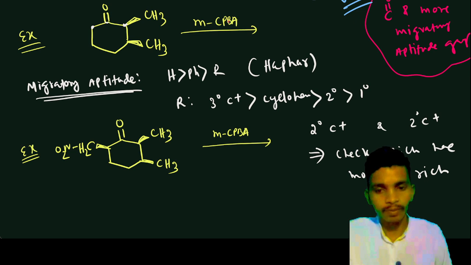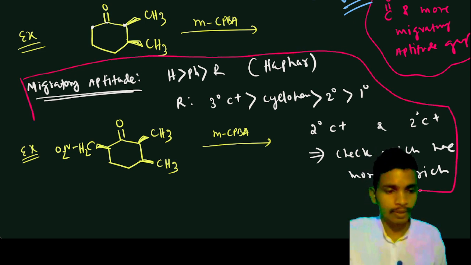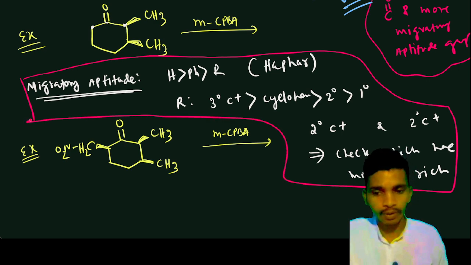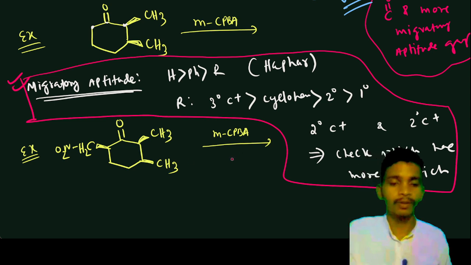So this is about migratory aptitudes. This is the concept of migratory aptitudes that we look at in the Baeyer-Villiger oxidation.